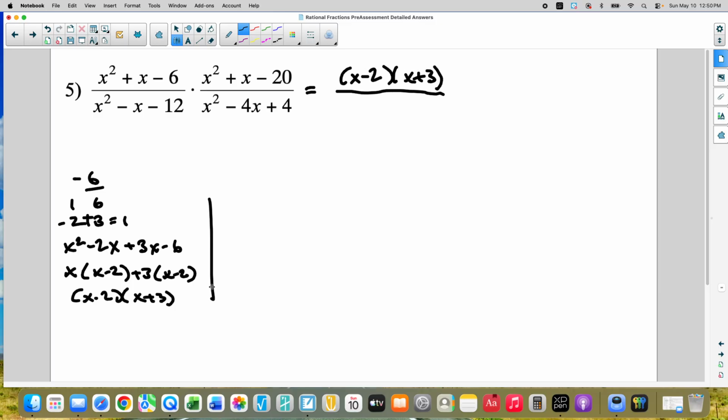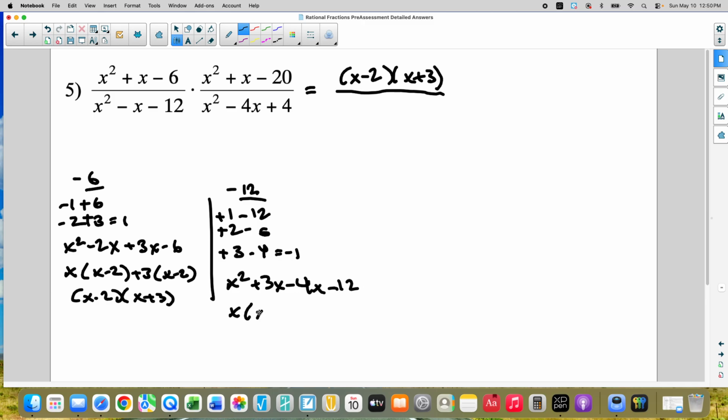You got factors of -12, which are 1 and 12, 2 and 6, 3 and 4. Signs are different. Bigger is negative. These are positives because they're different. Gives me my -1. So we have x squared plus 3x minus 4x minus 12.